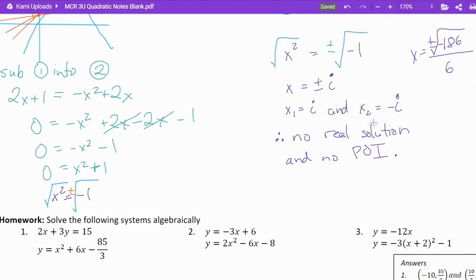So find perfect squares, reduce it so that you can be in lowest terms. But then do not find a y because we are not looking for complex points of intersection. Does that clarify it for you? Great.